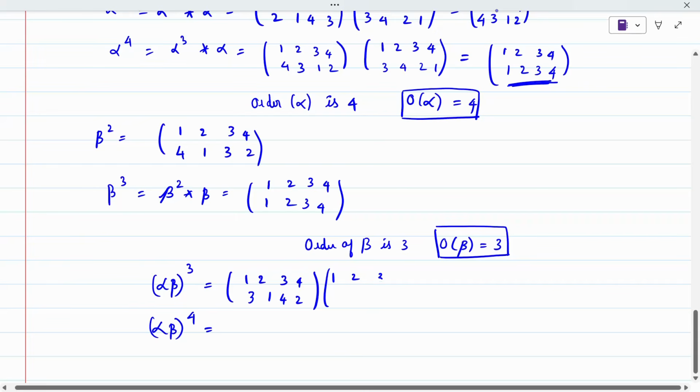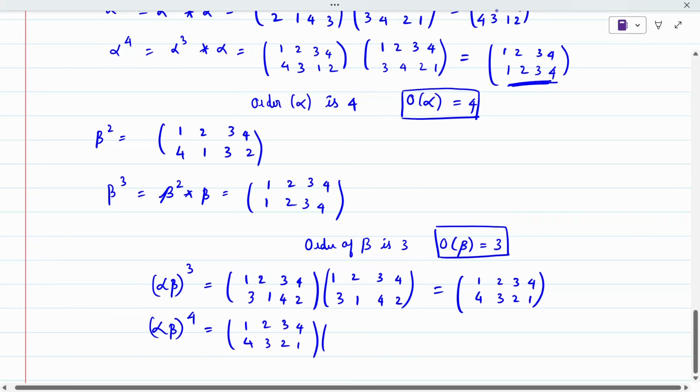So 1, 2, 3, 4; 4, 3, 2, 1. So again one more time, 1, 2, 3, 4. The corresponding answer 3, 2, 1, again one time alpha beta, 1, 2, 3, 4. So 3, 1, 4, 2.